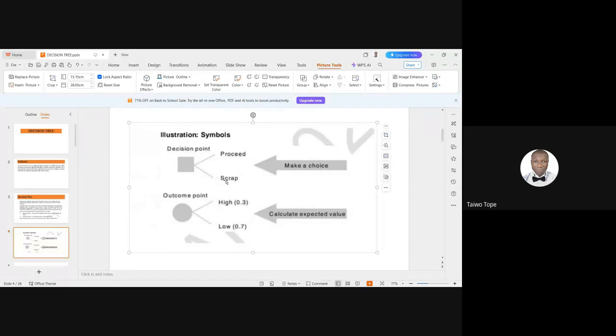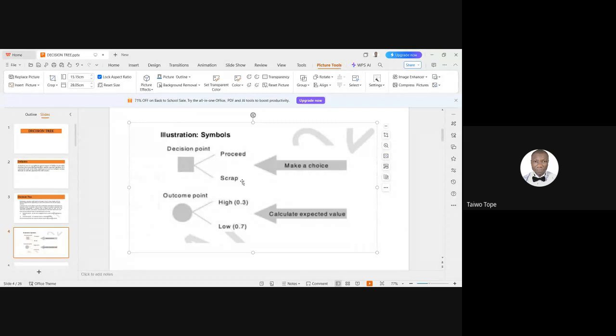So you have a decision to make, either to proceed with the business or to scrap the business. There can be another decision when you proceed: the outcome can be good, the outcome can be poor. When you scrap the business, it means you are selling it off. So what will be the scrap value?